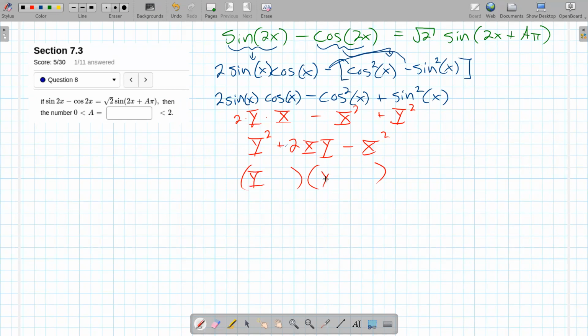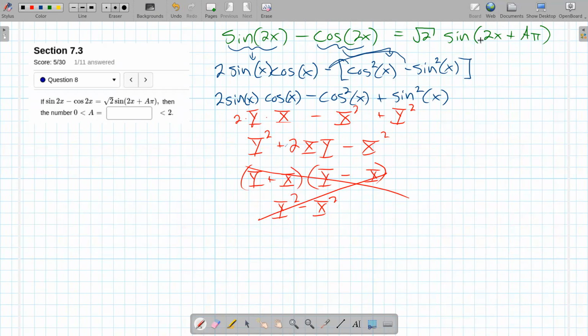We'd have a y times a y and an x times an x. And if we want that to be negative, then one of these has to be positive and one has to be negative. That's the difference of squares, which ends up being y squared minus x squared, and we have no middle term, so it doesn't match what's above. So that's a dead end.